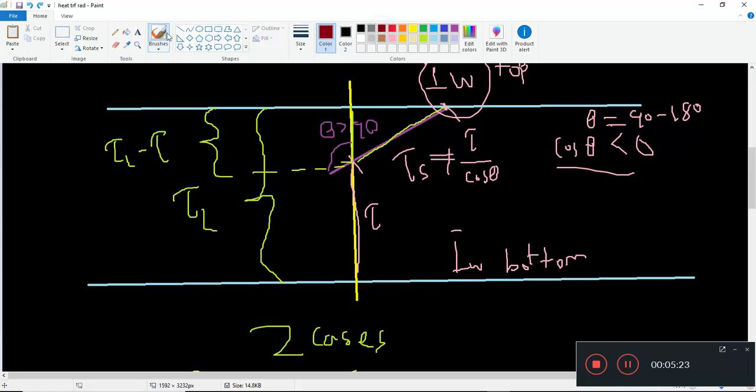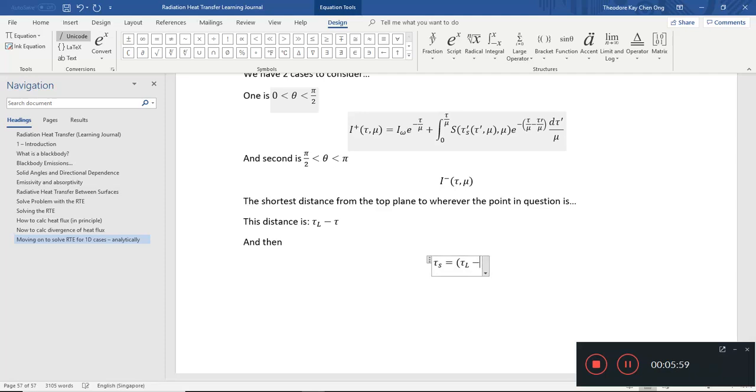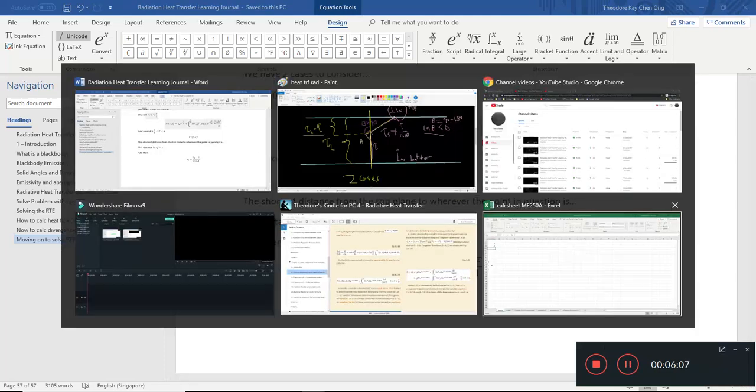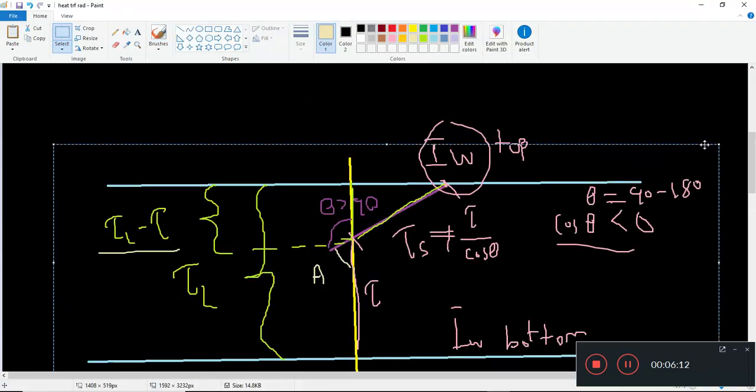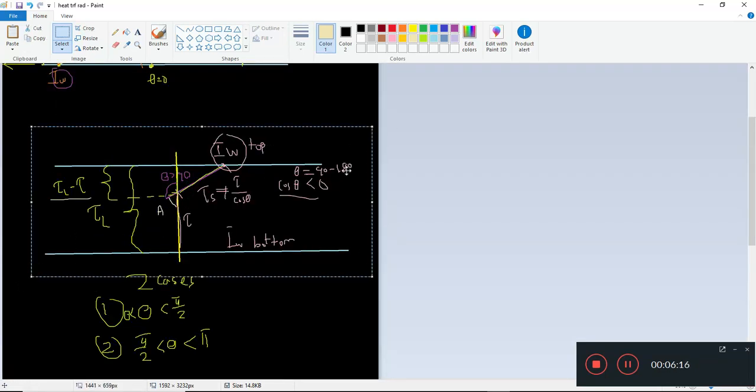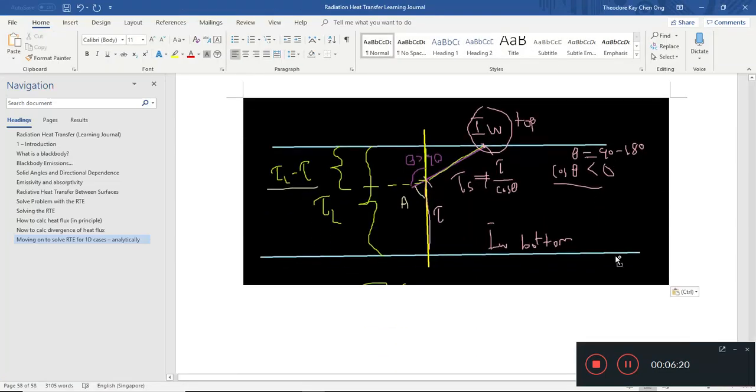We'll just call this angle A. So accordingly, the length here is tau L minus tau over cosine of A. So we write tau L minus tau over cosine A. A is as shown in this diagram. Okay, so what is the relation between A and theta?